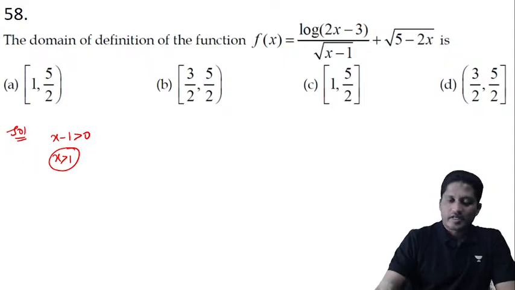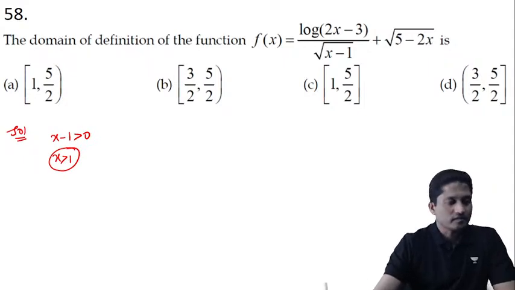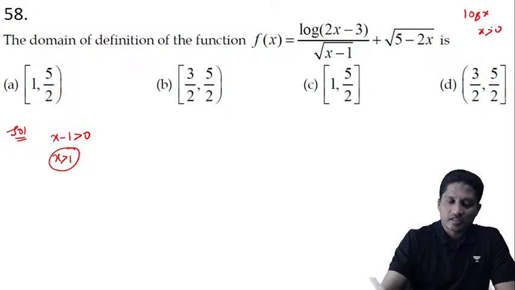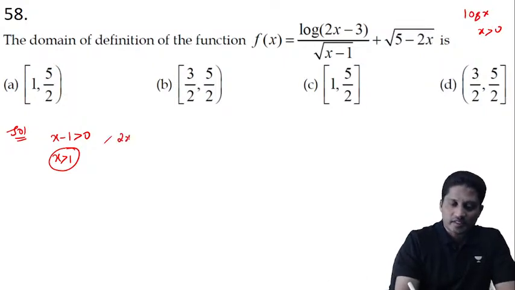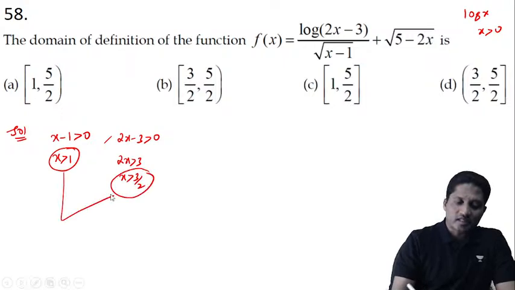Next, log x is defined only when x is greater than 0. So this means that 2x minus 3 should be positive. 2x is greater than 3, x is greater than 3 by 2. Considering the common part, it will be greater than 3 by 2 only.